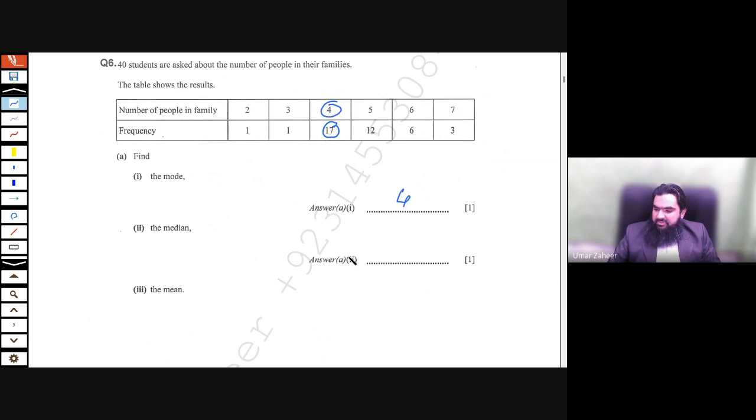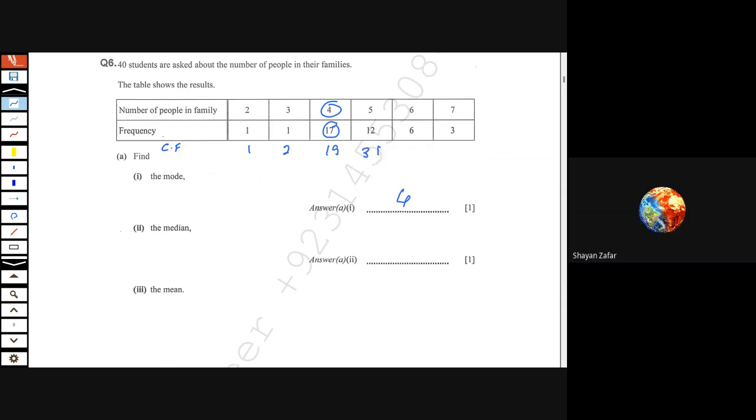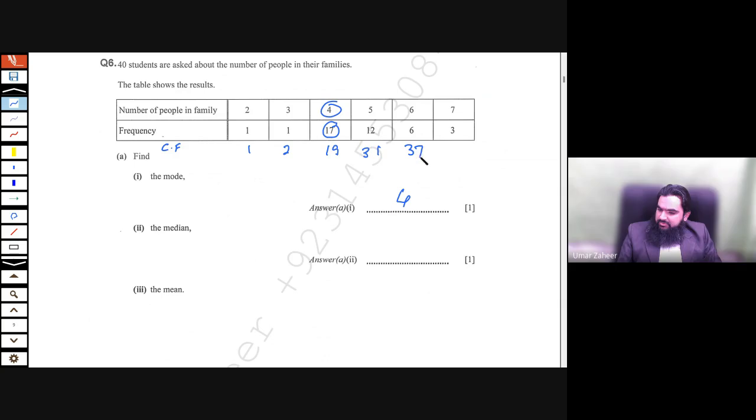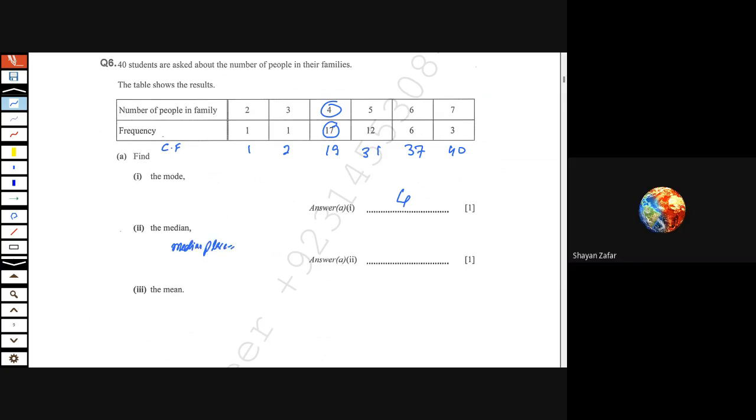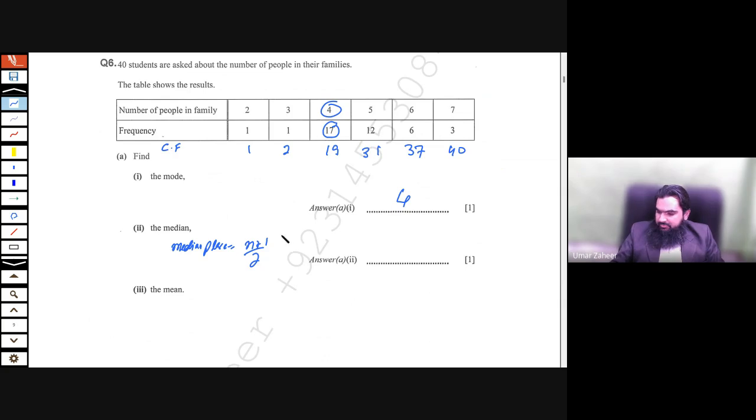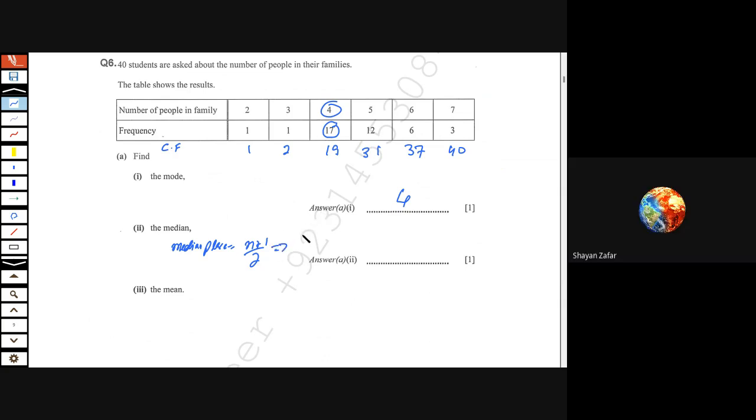The median means the middle value. For the middle value, you need to find the cumulative frequency first of all. 1, 1 plus 1, 2. 2 plus 17, 19. 19 plus 12, it will be 31, and 40. Okay. Now the median place is equal to n plus 1 divided by 2.